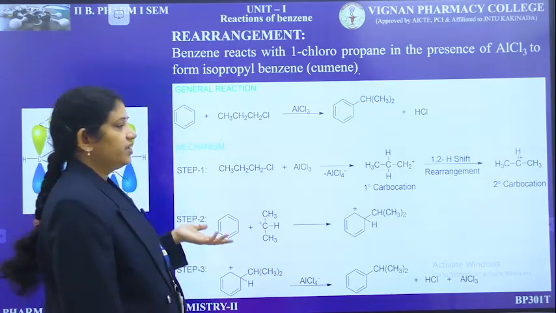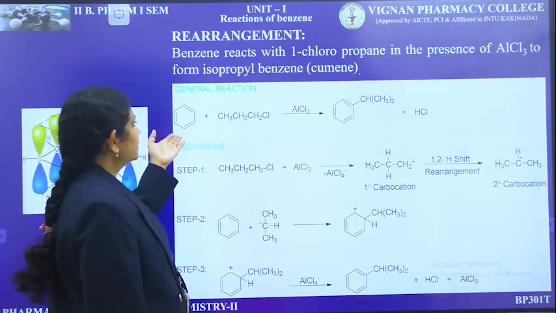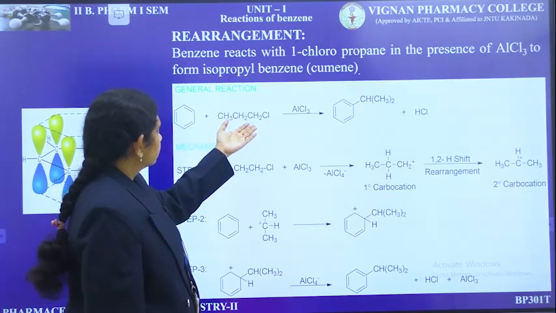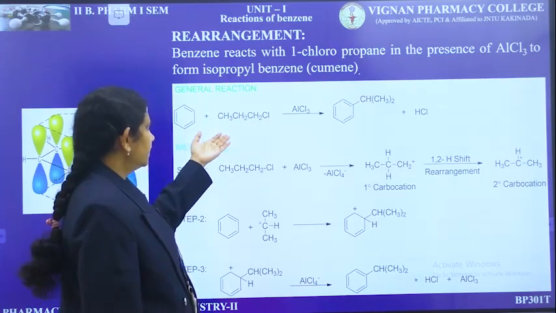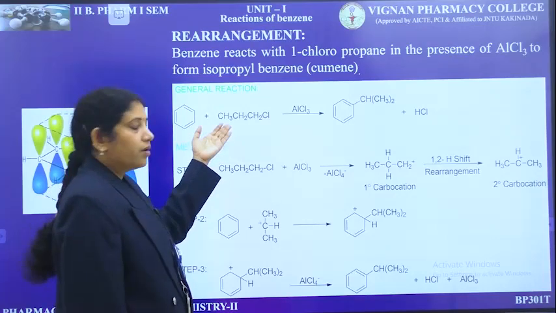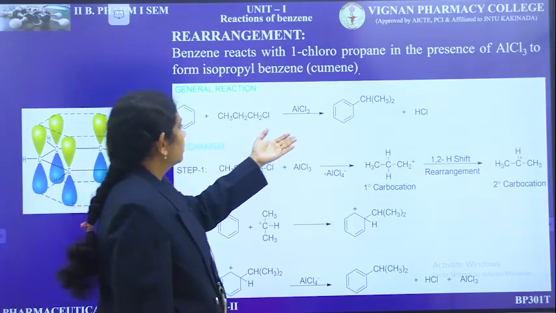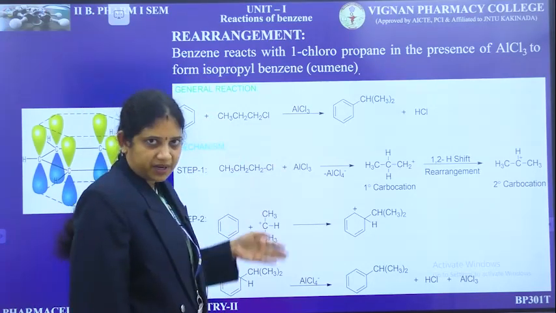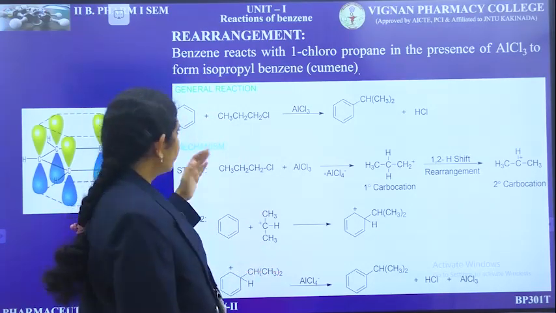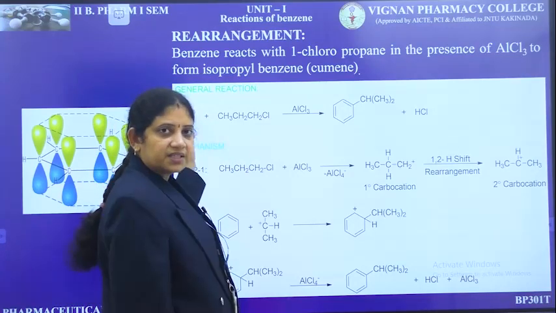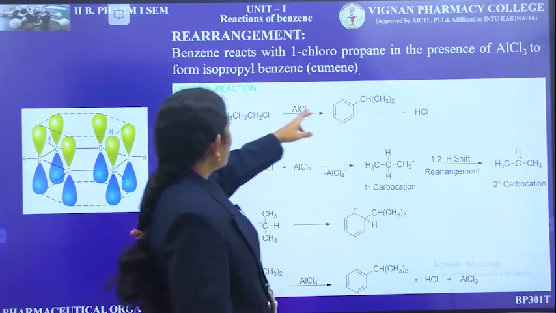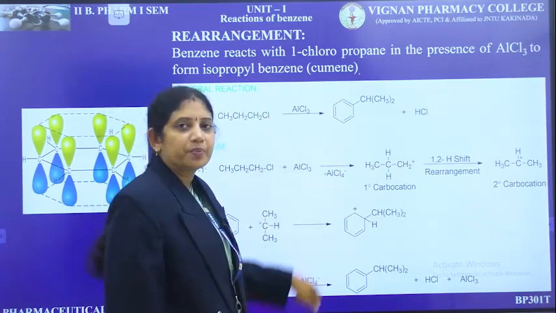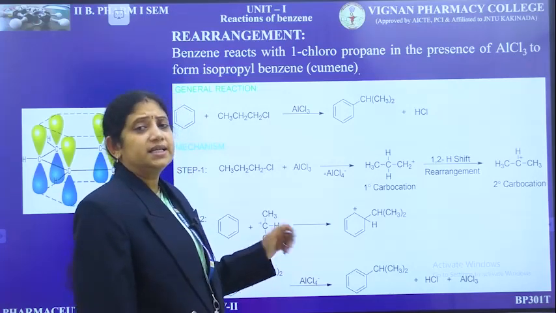Actually, what we think is that if benzene reacts with 1-chloropropane, that will give 1-propyl benzene, but here in this case that is not happening. Instead of forming 1-propyl benzene, it forms isopropyl benzene. Why is it forming isopropyl benzene? What is the reason behind that?